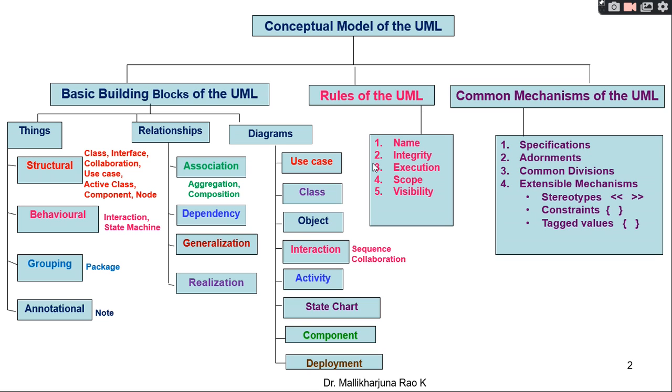We have five rules. One is name. In the diagram you have to name each thing, each relationship, each diagram. In a diagram you may use structural things, behavioral things, grouping things, annotational things, all kinds of relationships.